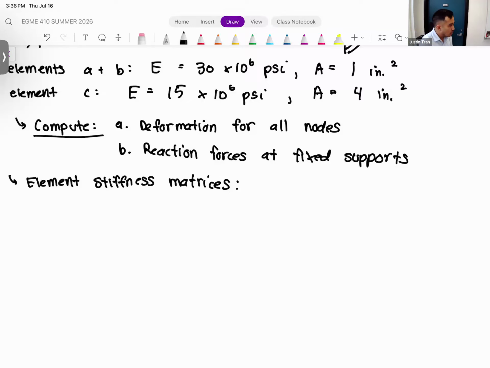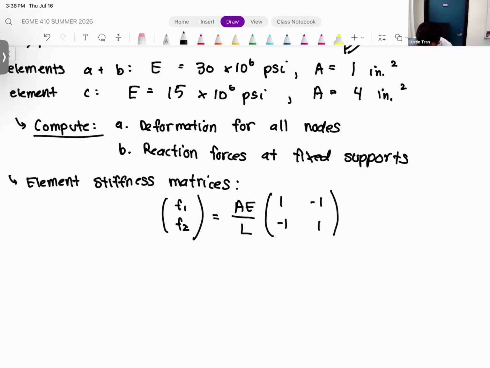Now, thankfully, all of these elements are trusses, right? So they're all going to have the same expression for the element stiffness matrix. Let's write it down here just to remind ourselves. For a truss bar, our element stiffness matrix F1, F2 is equal to A times E divided by L times the matrix [1, -1; -1, 1] times D1, D2.